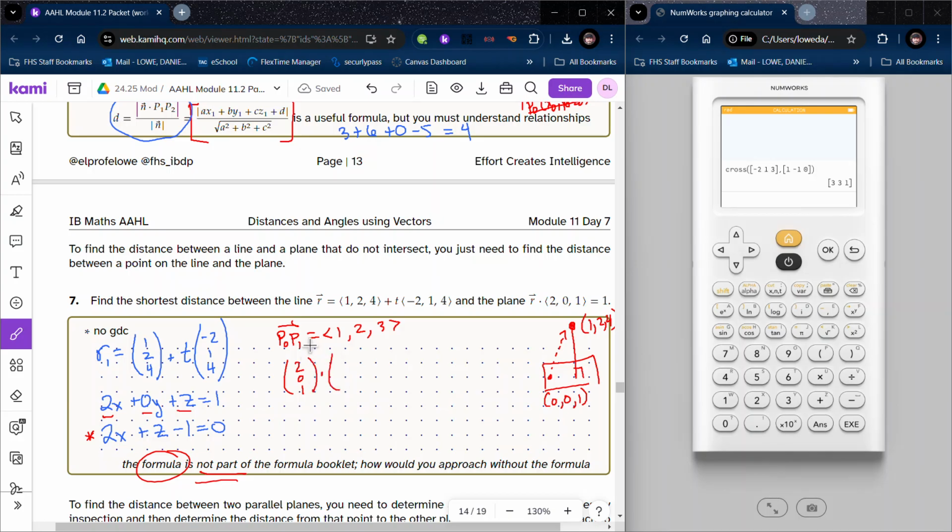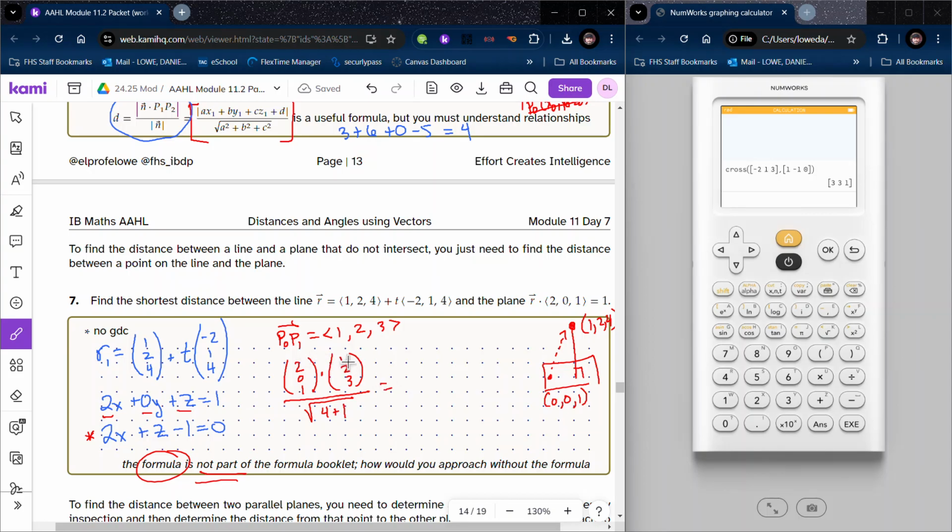I need to dot that with the directional vector from the plane to the point, any given point in the plane. So that's going to be 1, 2, 3. And I'm going to divide it by the square root of the magnitude of the normal vector, which in this case would be 4 plus 1.